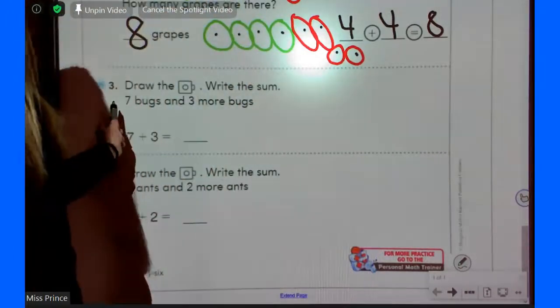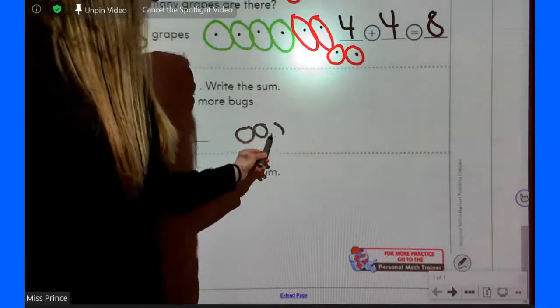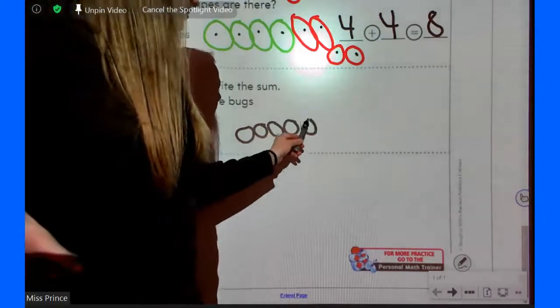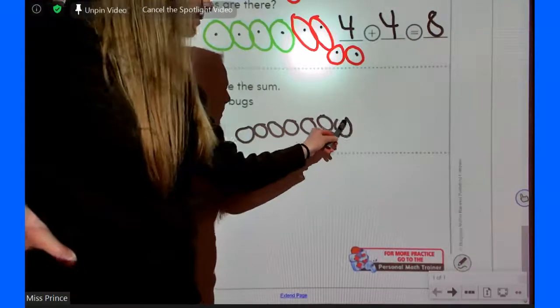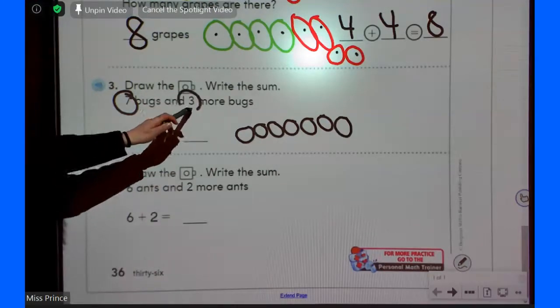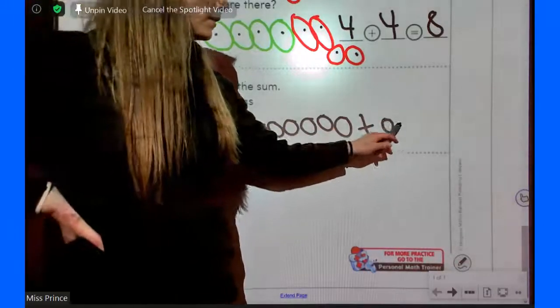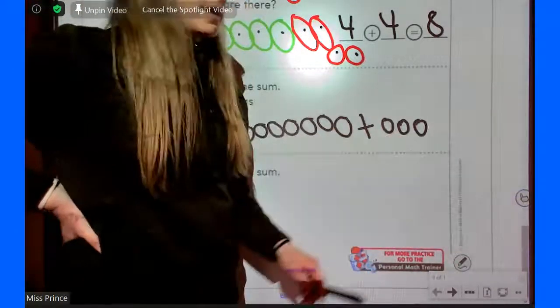Let's draw them. Here we go. 7 bugs. 1, 2, 3, 4, 5, 6, 7. Plus 3 more. Plus 1, 2, 3.